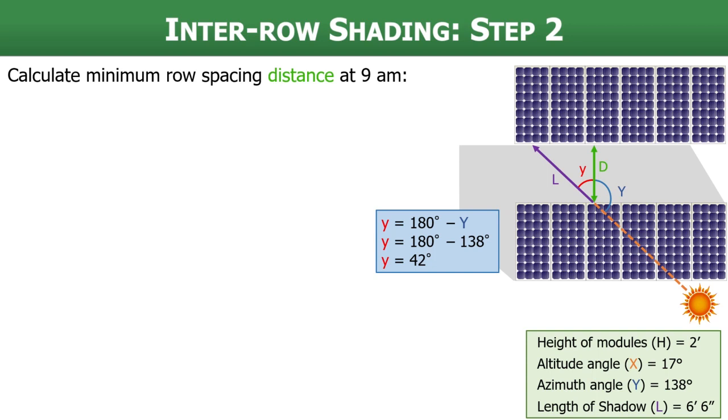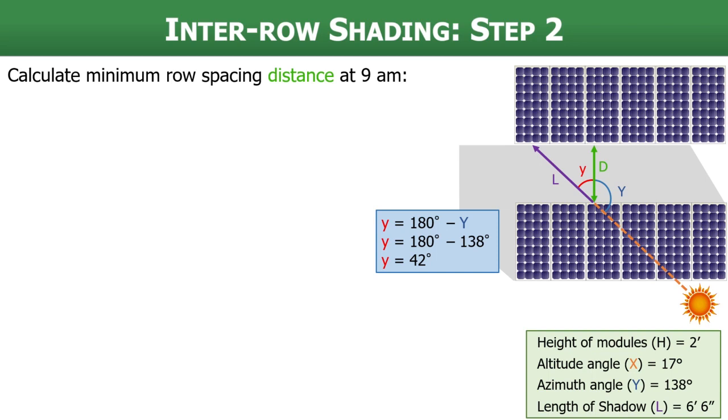And you can see in our diagram on the right with the sun, let's say that is rising in the east, and now you can see how it was casting that shadow of L. Previously it was going into the screen. Now that we're looking down on the array, we can see that the sun comes up in the east. It casts a shadow from right to left, represented by L. And now we're going to use that value L to calculate the row spacing.